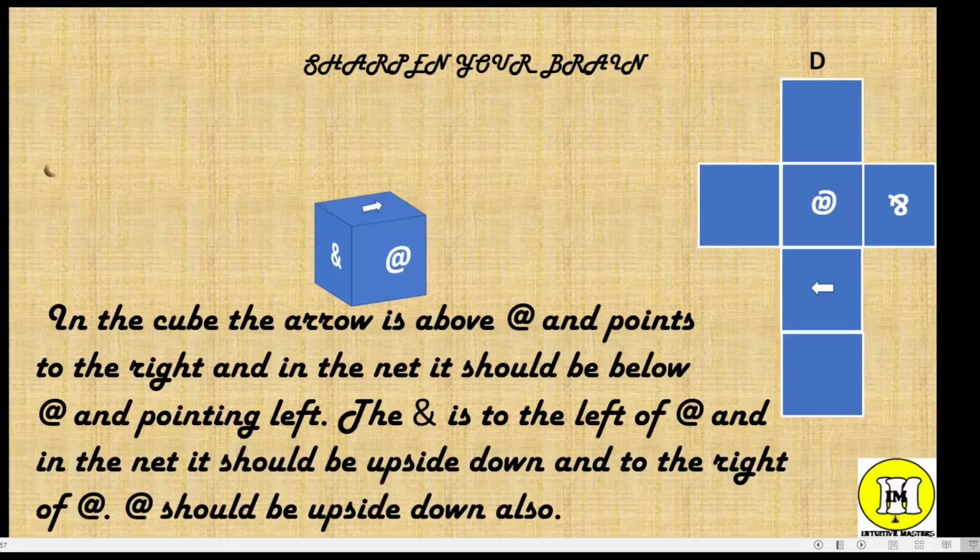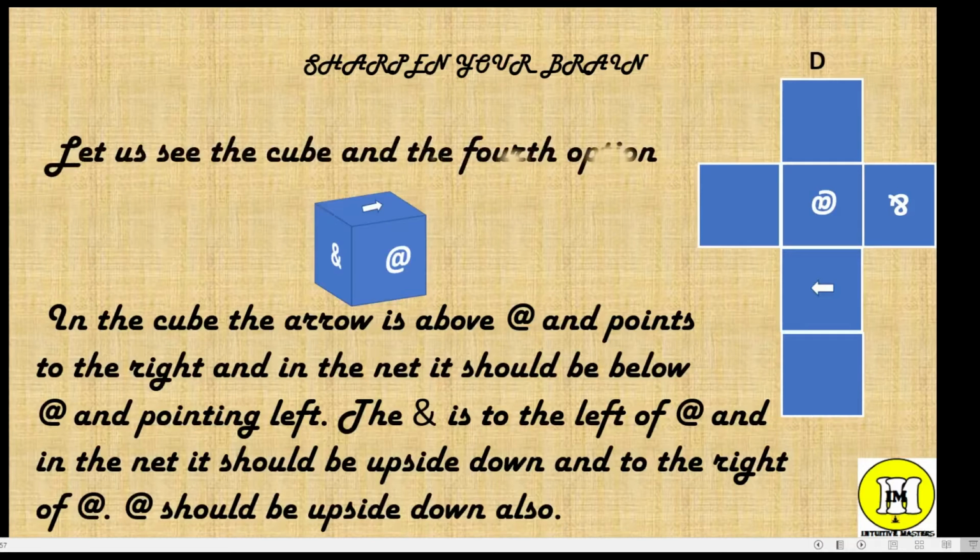Let us see the cube and the fourth option. In the cube the arrow is above the at and points to the right. And in the net it should be below the at and pointing left. The end is to the left of the at. And in the net it should be upside down and to the right of the at. The at should be upside down also.